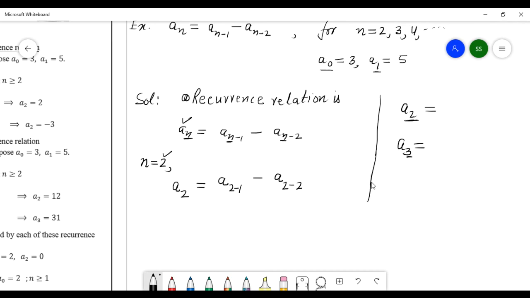Because you have to find this a_2. If you take n equal to 2, then here it is a_2.